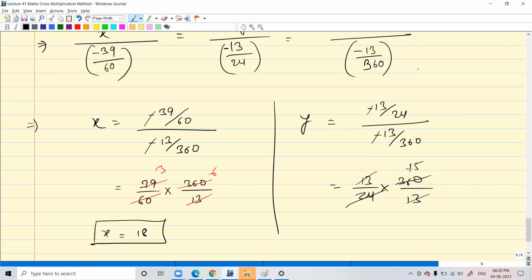Yes, minus 13 by 24. Yeah, we changed that. Earlier I had written plus over there, but I changed it to minus 13. Okay. That's how this minus and minus got cancelled. So what is the final answer? y is equal to what? 15, right?